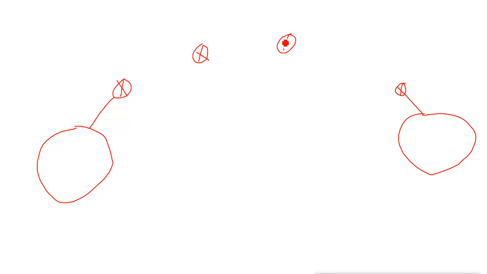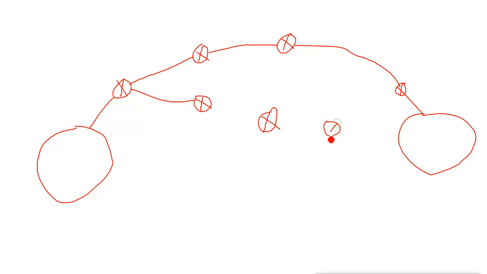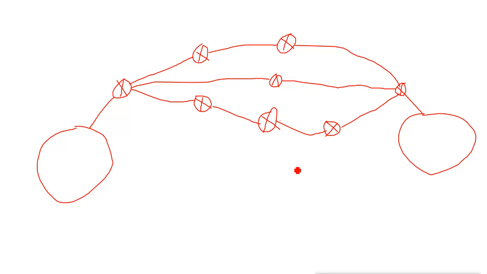That means we can go from here, or even from here, or even let's say from here. Now maybe we have three different paths.